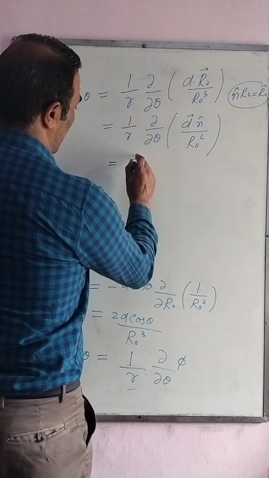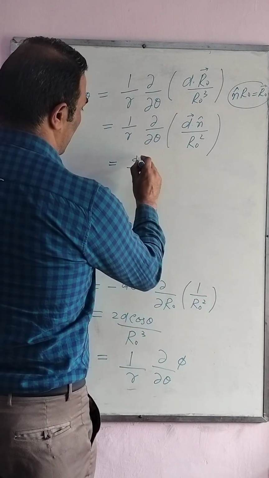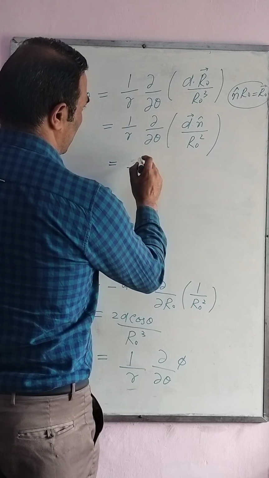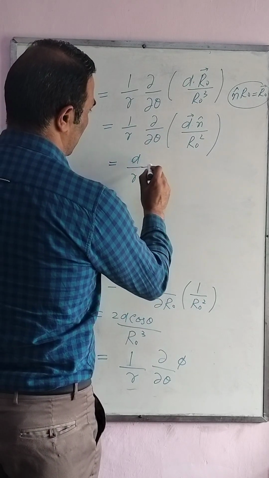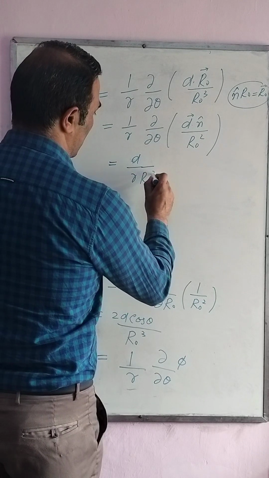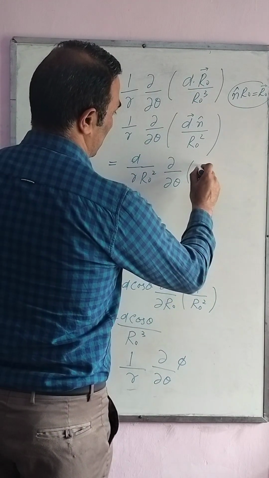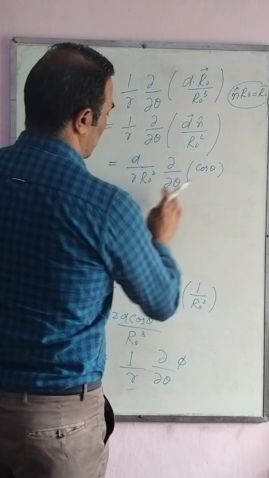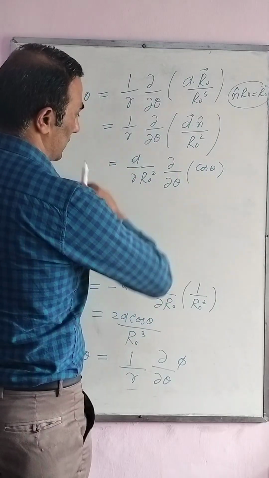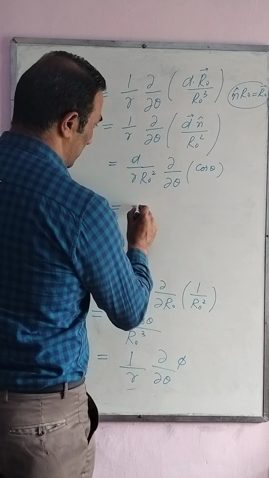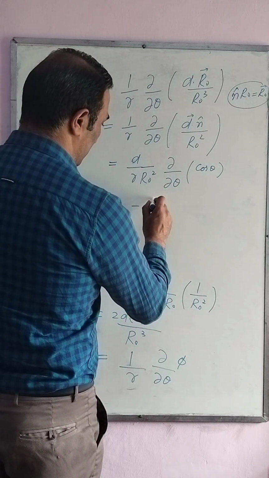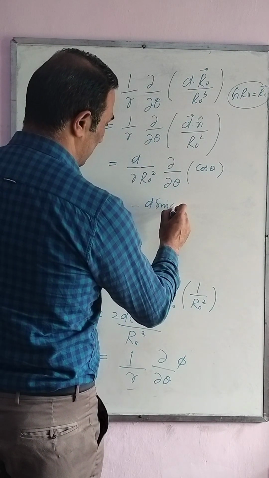So this will be equal to 1 by r, and because it is a function of theta here, r naught squared you can take out. This will be minus d sine theta.